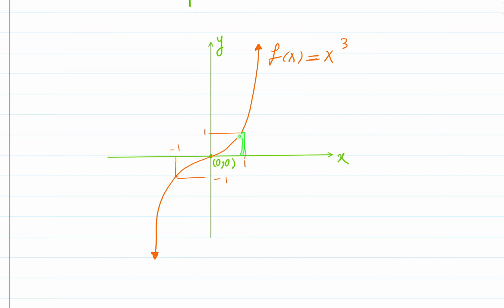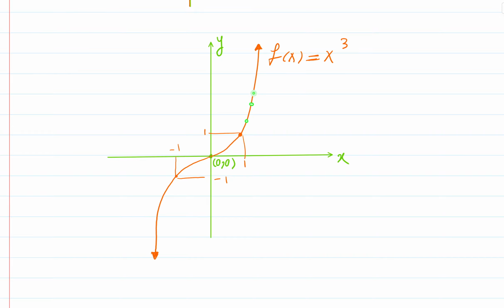So we have point (1, 1), and this point has a corresponding point in the third quadrant, which is (negative 1, negative 1). And the distance between (1, 1) and the origin is exactly the same as the distance between (negative 1, negative 1) and the origin.